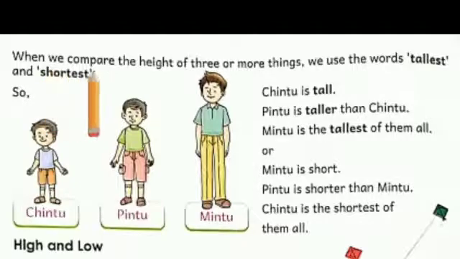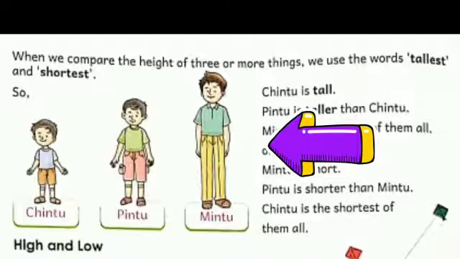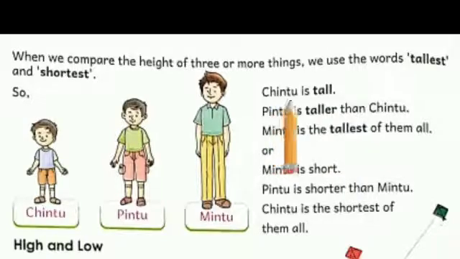When we compare the height of three or more things, we use the words tallest and shortest. Here we are going to compare the height of these boys. Chintu is tall. Pintu is taller than Chintu.